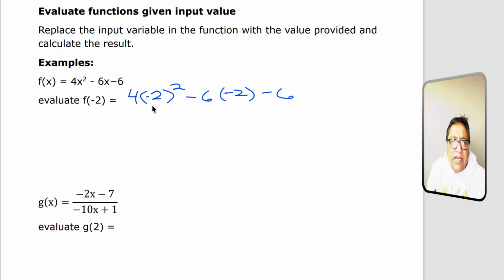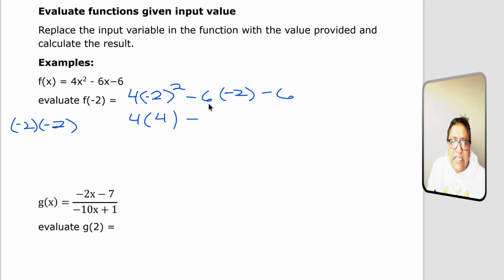Now we have exponents. Remember, negative 2 squared means negative 2 times negative 2, which will be positive 4, correct?